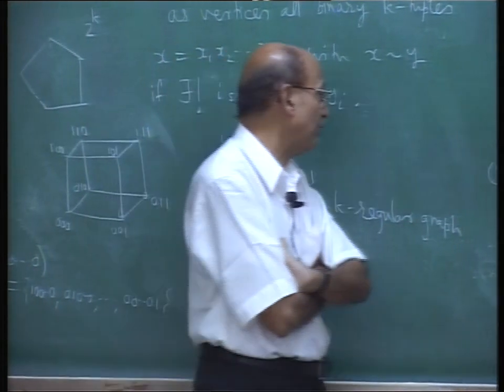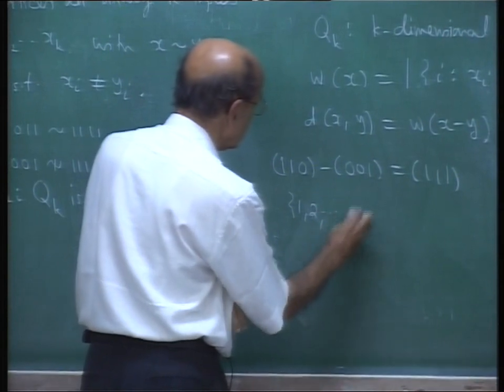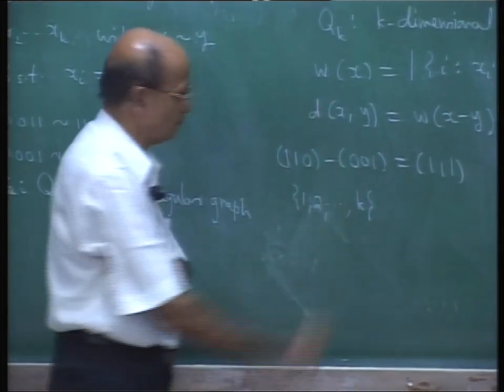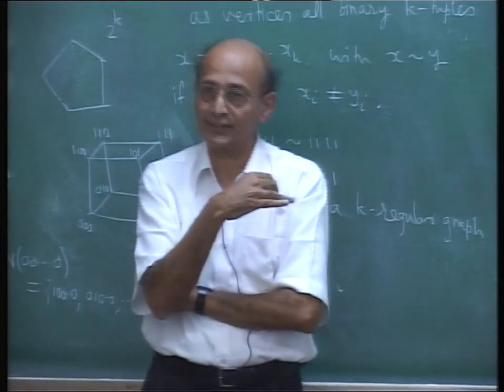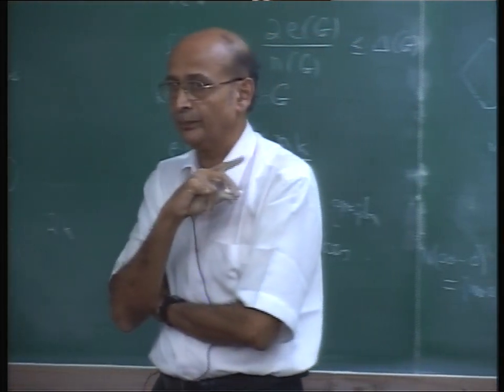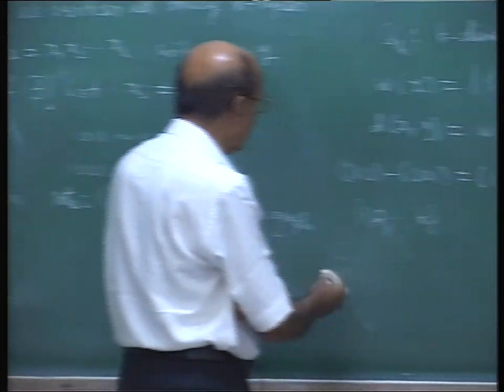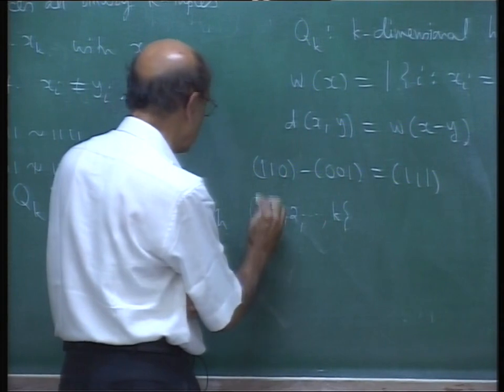If you take a set of order k and look at all the subsets of this set, that number is 2 power k. The total number of subsets of a set of order k is what should be called the power set.